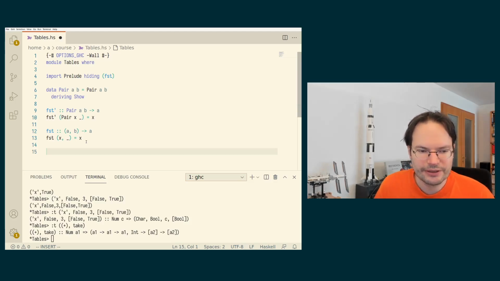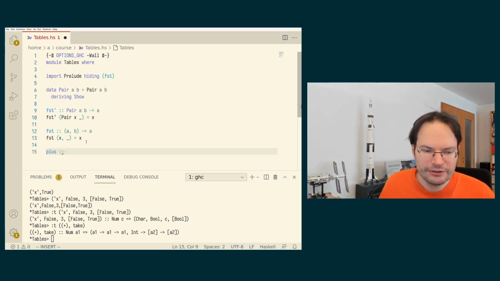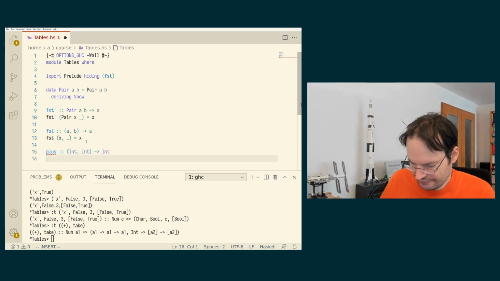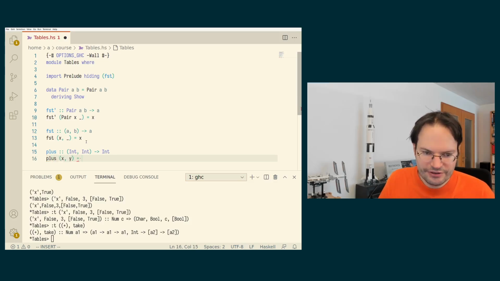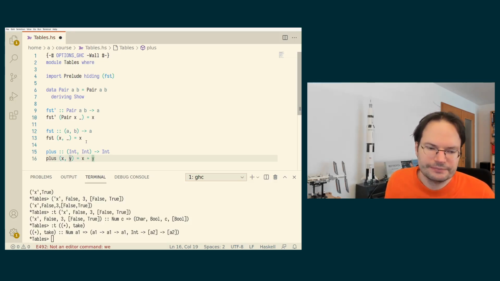In principle now, we can also define functions that have two arguments as taking a pair of things. So, for example, I could write my own addition function on a pair of integers like this, and I could say, if I have a pair of integers, yeah, pattern matching again, I just call x plus y, okay?